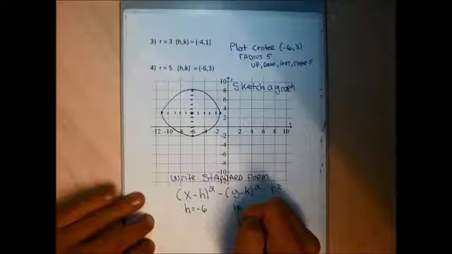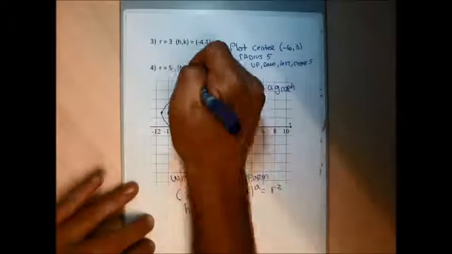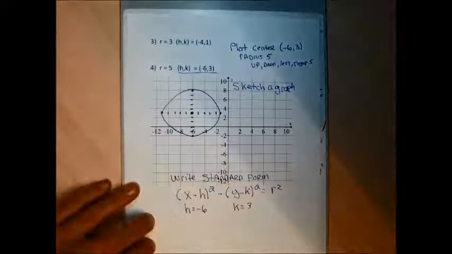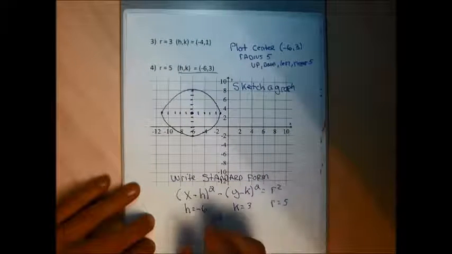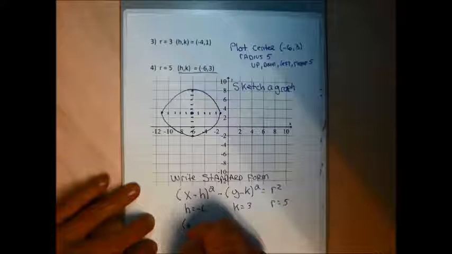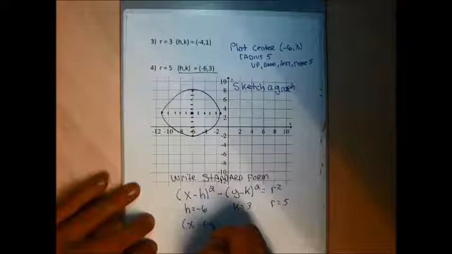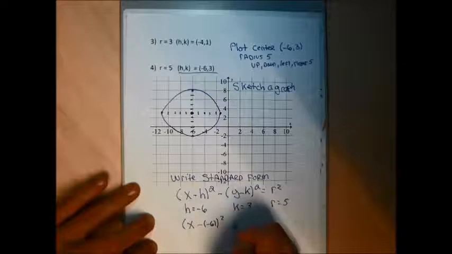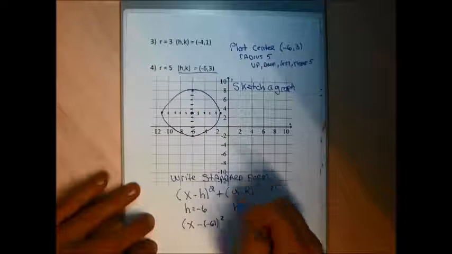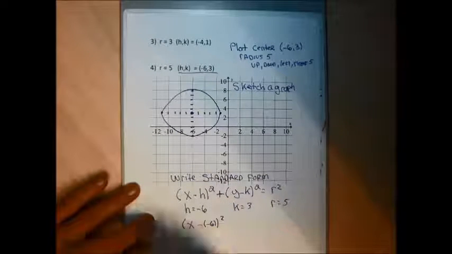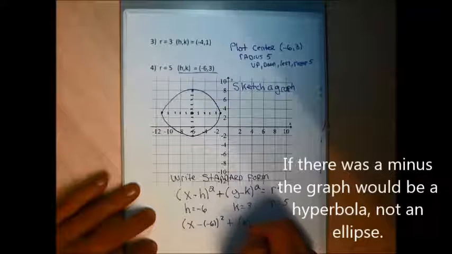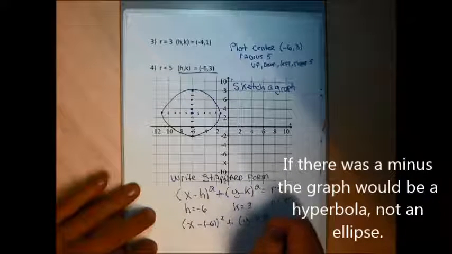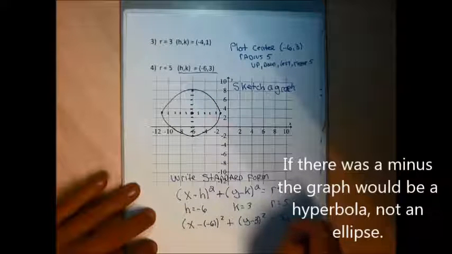For k, I'm going to plug in +3 because I'm told h and k are -6 and +3. And then for r, I'm going to plug in 5 because I was told that as well. And this is going to have me go (x minus -6) squared. Should be plus right here, not minus. If you have a minus, you get something called an ellipse as opposed to a circle. Plus (y minus 3) squared equals 5 squared.